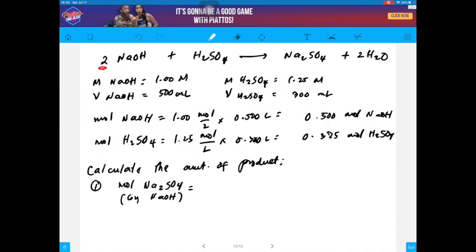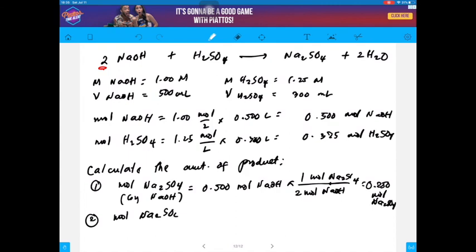So what we have here is we can use the moles of sodium hydroxide immediately. We have performed the calculation already, and make use of the mole ratio. In this case, 2 moles of sodium hydroxide produces 1 mole of sodium sulfate. So what we have here is 0.250 moles of sodium sulfate.